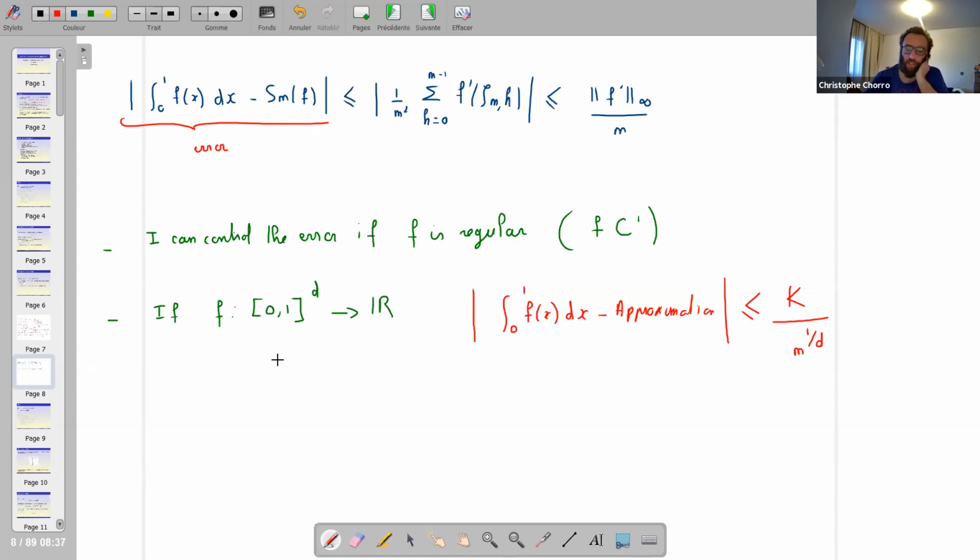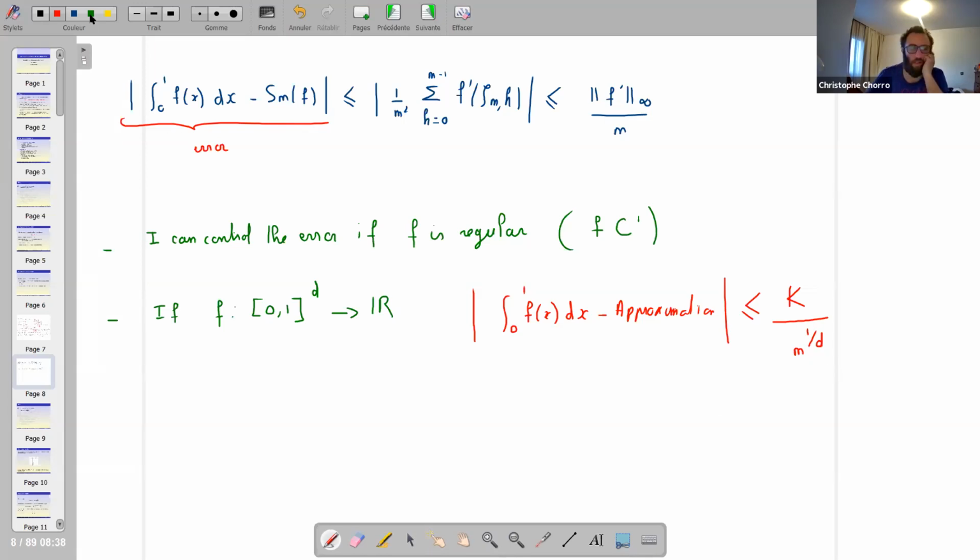It means that if I increase the dimension of my problem, the control on my error is worse and worse. For d equal to 1, I recover this one, but for d equal to 2, I have only the square root of n here and no more n. For d equal to 3, the cubic root of n.